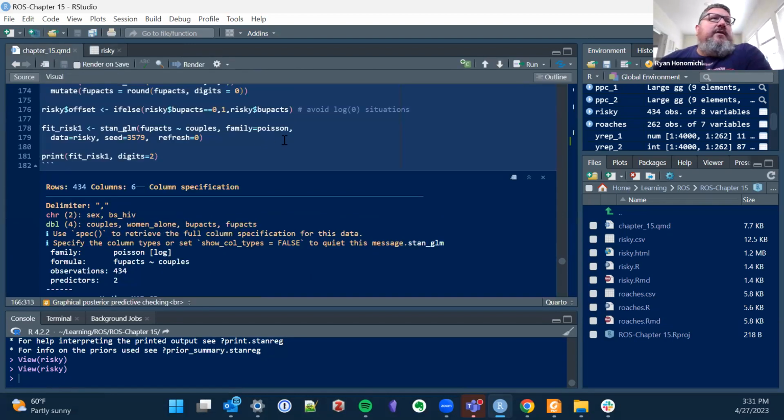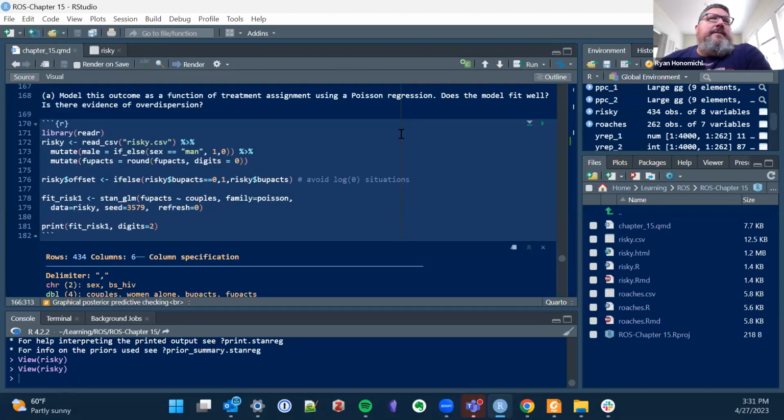So the first thing they wanted us to do was, I created the offset. One of the things you want to avoid is having log 0 situations, so a lot of times people will just add 1 to zeros. This is what they talked about in the book and in other places.